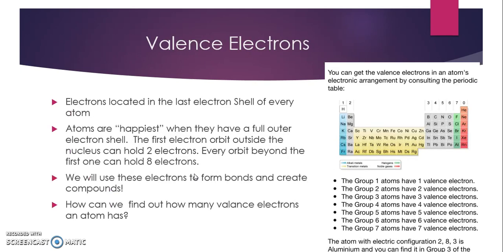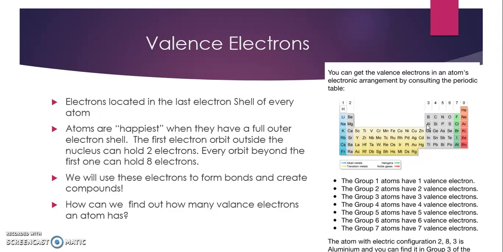So let's talk about valence electrons. First, you can find out valence electrons by looking at the periodic table. This group right here, group 1, they have one valence electron. And this group right here, if you can see my mouse, group 2, has two valence electrons.